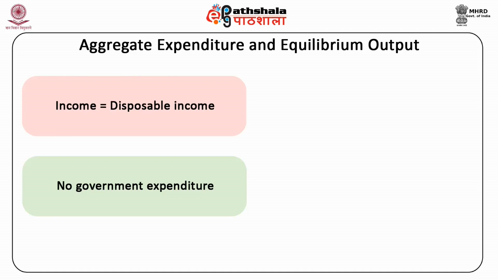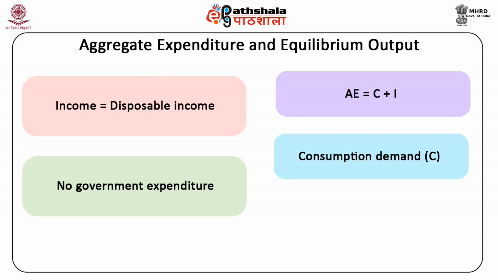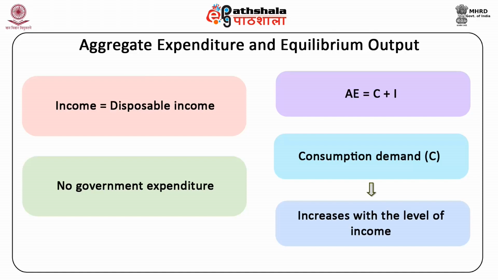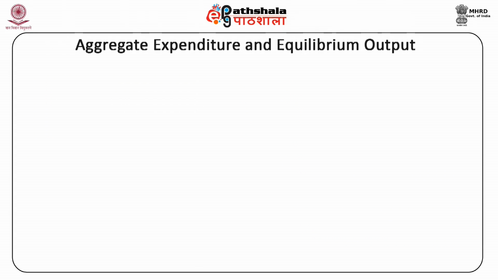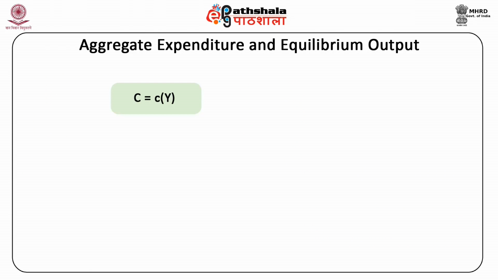Under these circumstances, aggregate demand equals C plus I, where C is the consumption demand, which increases with the level of income. The consumption function is given by the equation C = c(Y), where the derivative of consumption is less than 1 and greater than 0.